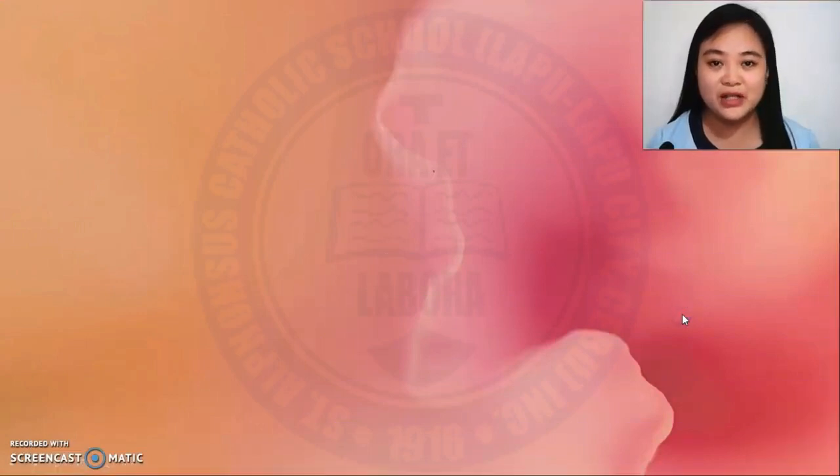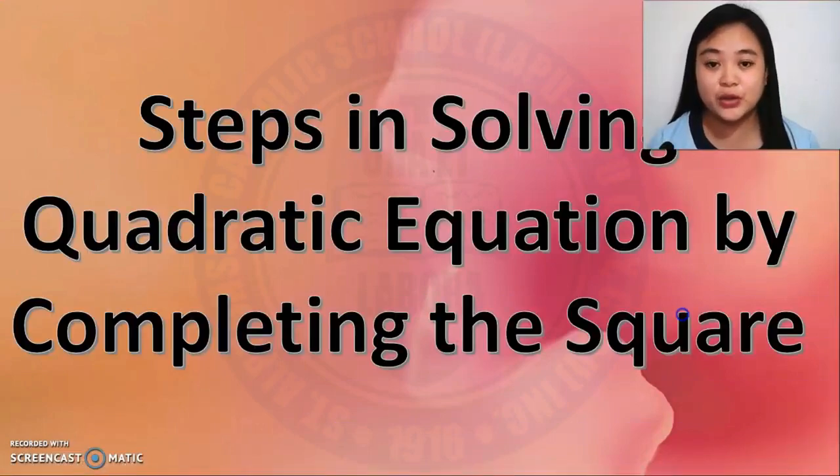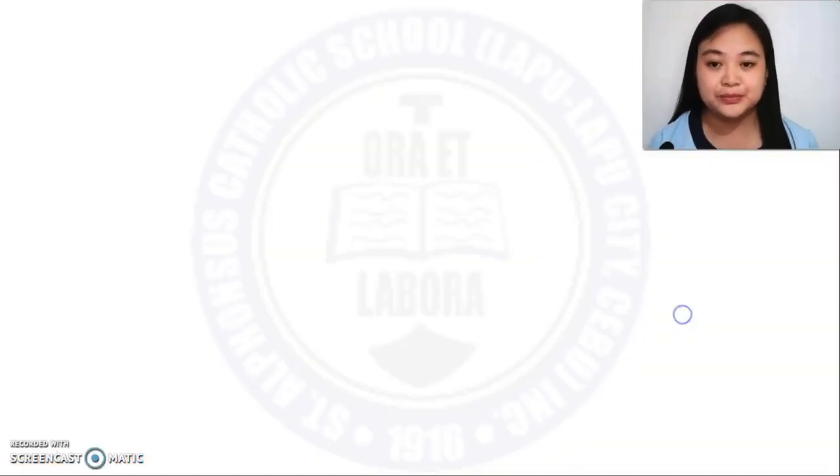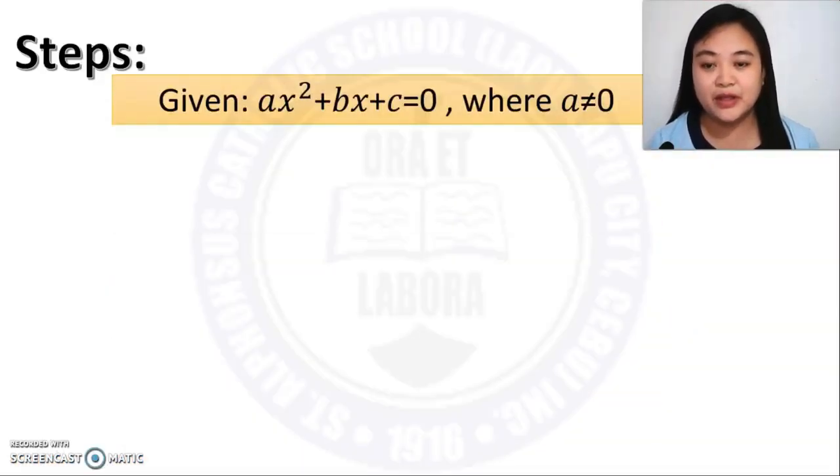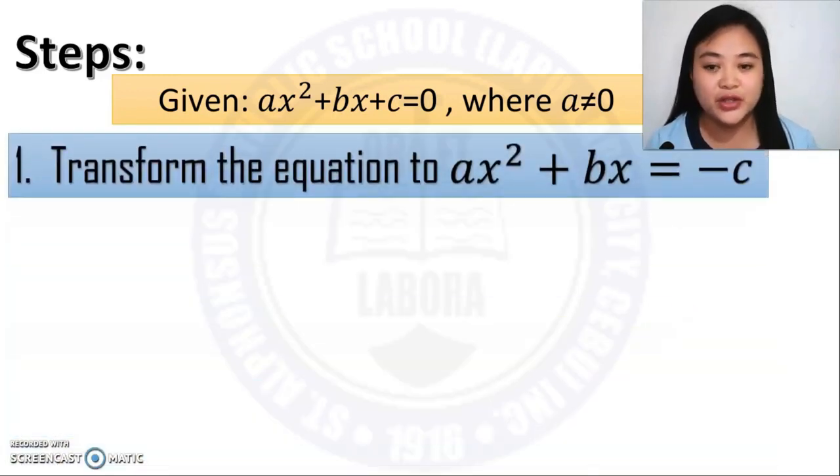Now, let's first discuss the different steps in solving a quadratic equation by completing the square. Given that ax squared plus bx plus c is equal to 0, where a should not be equal to 0. Step 1.